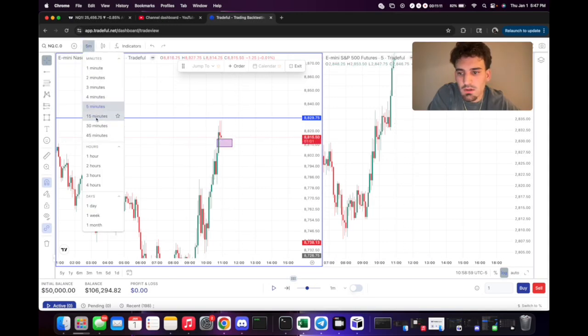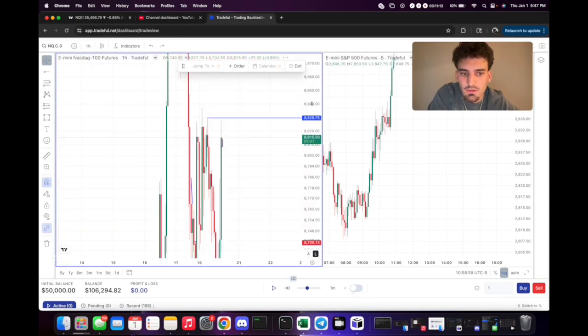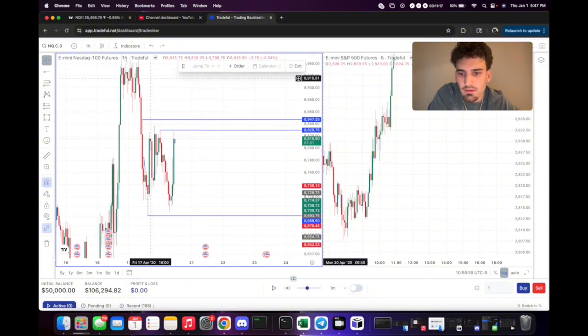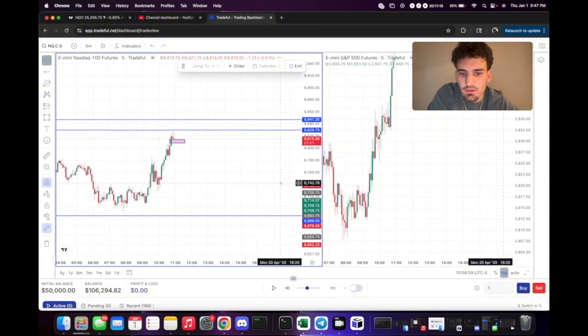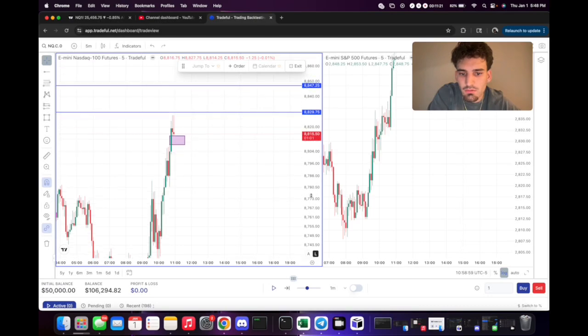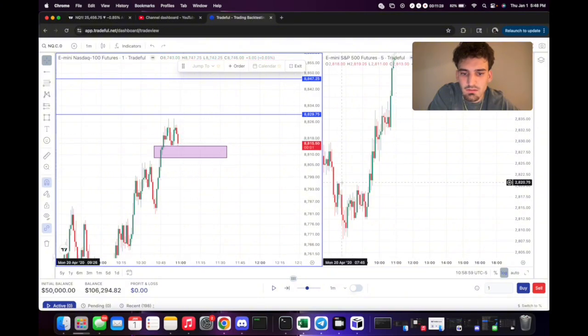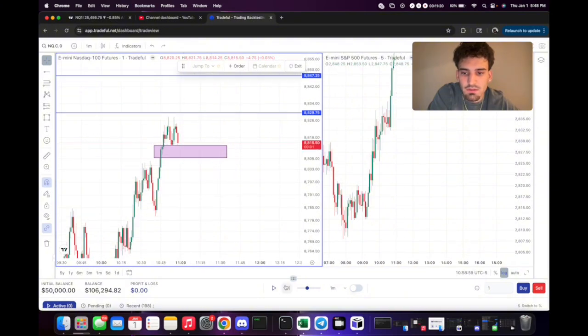I want to check the 1-hour time frame real quick. Okay, so we do have an unfilled hourly gap here as well that we could come and target. Just like the previous example, I want to see some type of displacement out of this fair value gap for me to take longs.